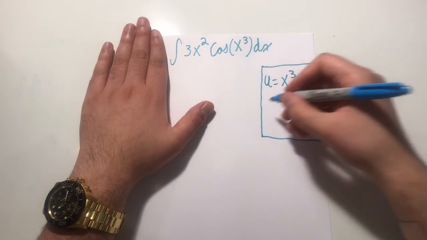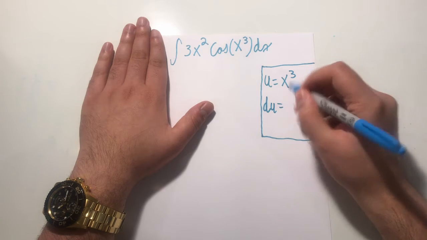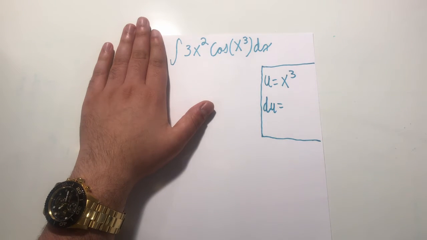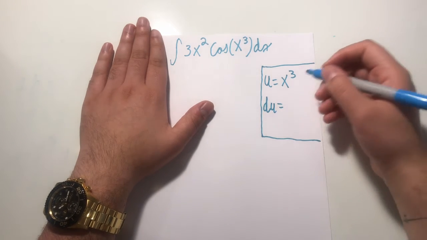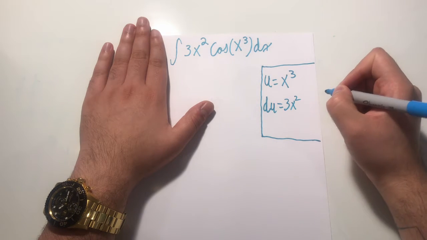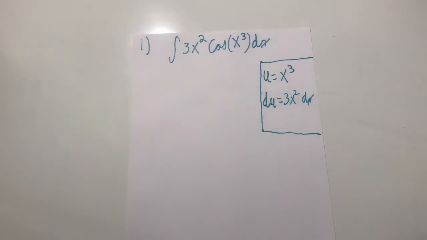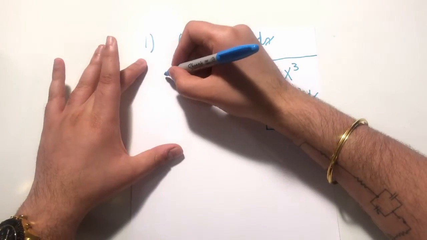And next we have to find du, which is the derivative of u. That's something super easy to take the derivative of. What's the derivative of x to the third? Well, power rule would say it's 3x to the second dx. Now from here we make our substitutions.